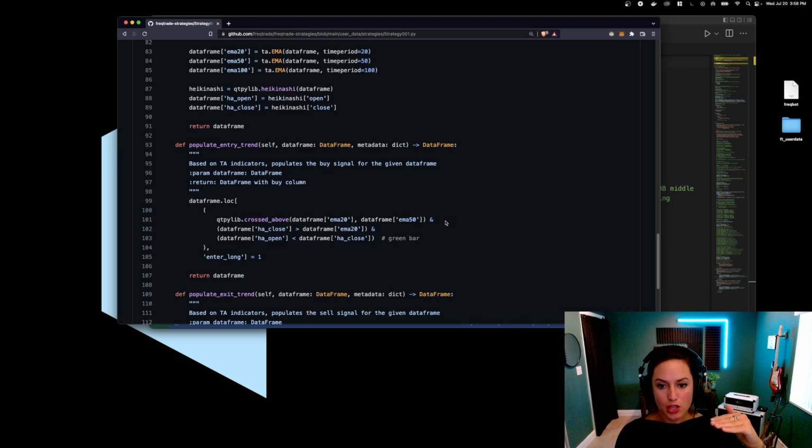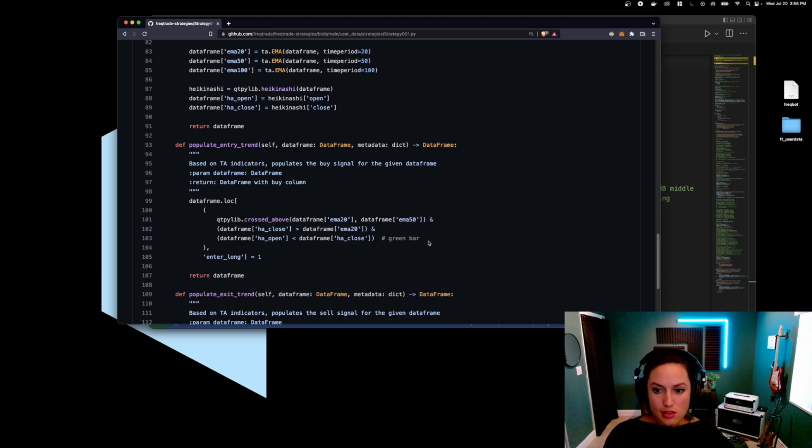Because this is a bullish indicator. When the Heikin-Ashi close is greater than the EMA 20, and the Heikin-Ashi open value, the bottom of the candle, is smaller than the Heikin-Ashi close, right? When the closing price is above the open price, we have a green bar.